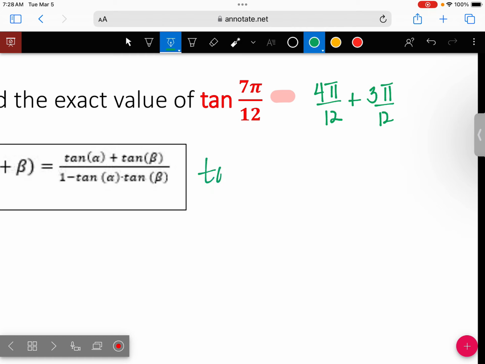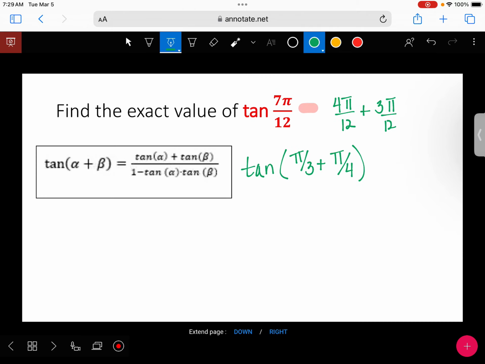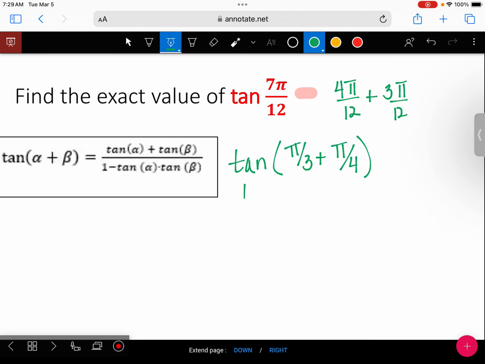So we have the tangent of pi over 3 plus the tangent of pi over 4. So before we even get started with this identity, we need to start by identifying the tangent of pi over 3.